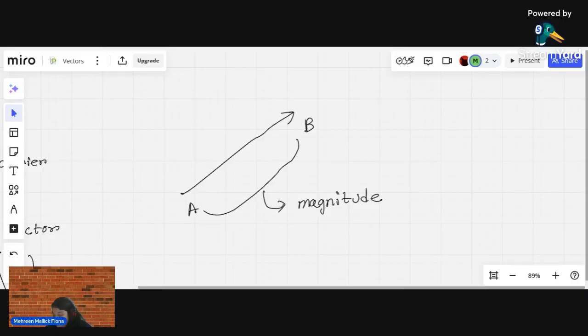The pointy head here is known as the head, and the leading end is known as the tail, as its name suggests. So we can understand where the starting point and the ending point of a vector are. So vectors have many applications in physics, engineering, and more.